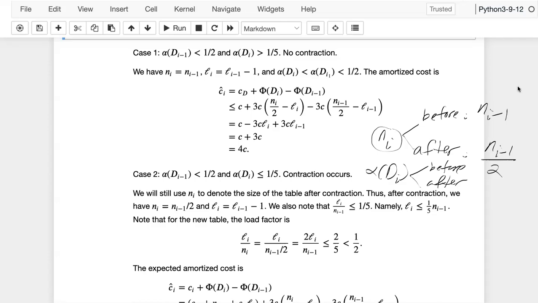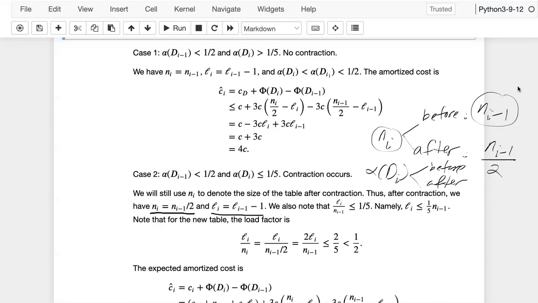To avoid confusion, before contraction we are going to use n sub i minus 1. So after the contraction, n sub i is equal to n sub i minus 1 over 2, and L sub i is equal to L sub i minus 1 minus 1.